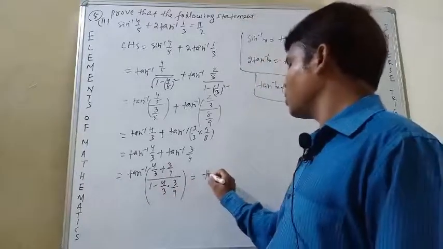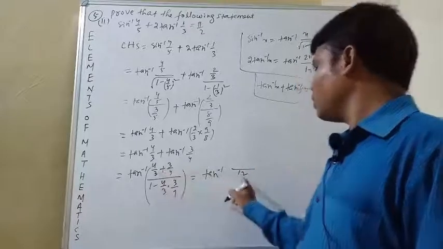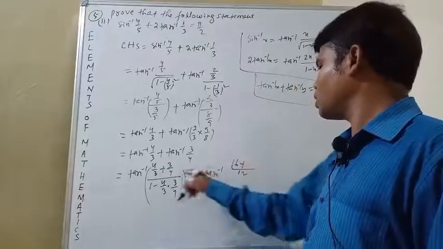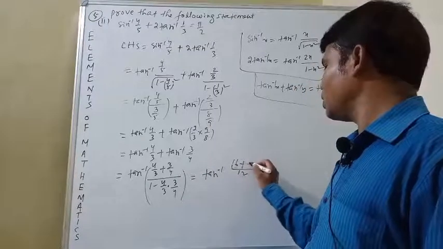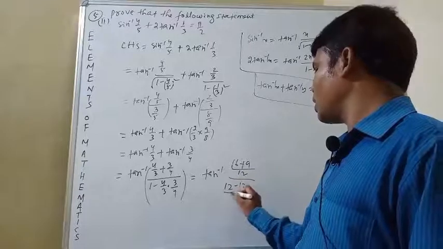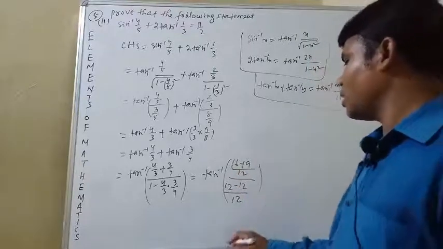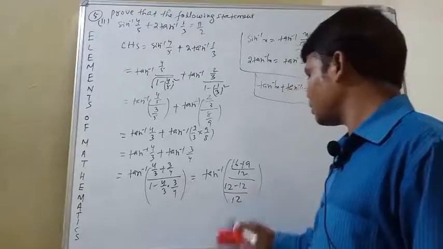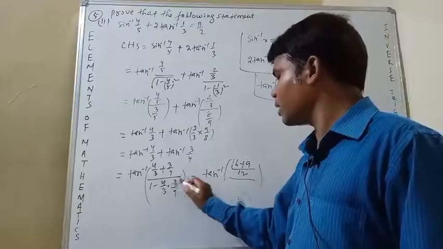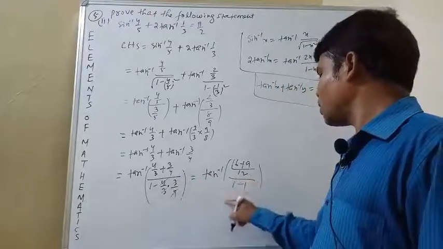The LCM is 12: 4 fours are 16 plus 3 threes are 9, that is 25 by 12. In the denominator, 12 minus 12 by 12. Otherwise you can take 1 minus 1 directly, since the 3s cancel out and the 4s cancel out.